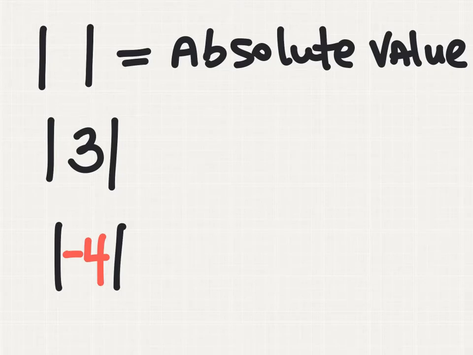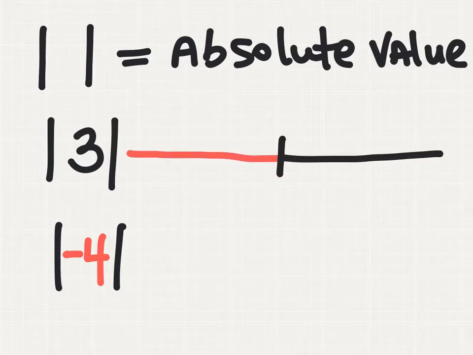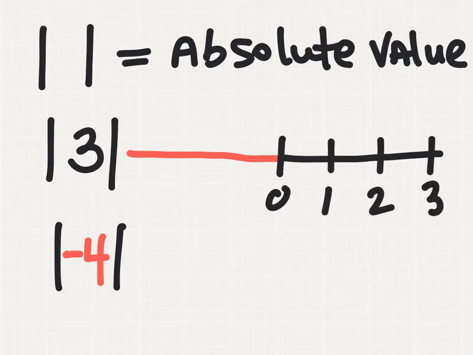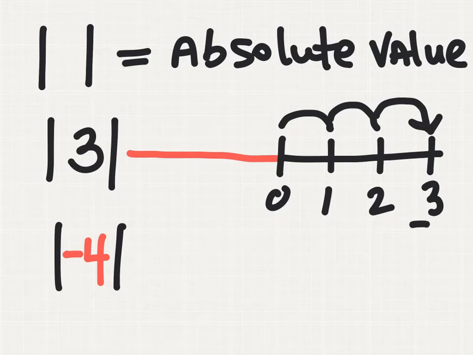Now, once again, we know that we would find the absolute value of a number by measuring that number's distance from 0 on a number line. And so in the case of the absolute value of 3, we're moving once, twice, 3 times. So the absolute value of the number 3 is 3.